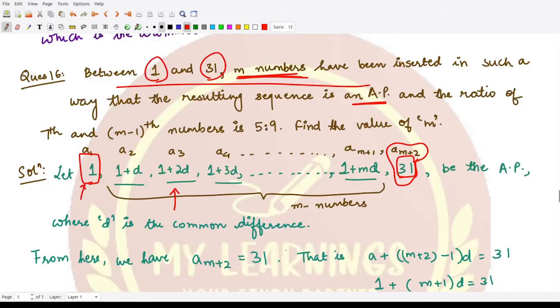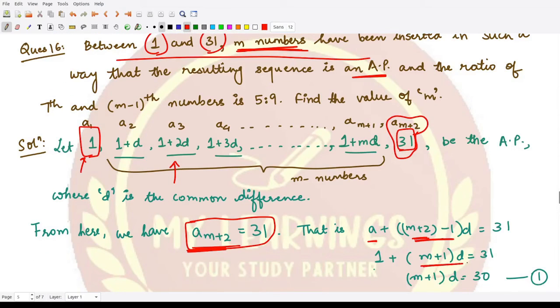So we can use this to find the relationship between m and d, because the common difference is also unknown to us. According to the formula, the (m+2)th term would be a plus (m+2 minus 1) times d, which is (m+1) times d. This is given to be 31, so (m+1)d is 30.